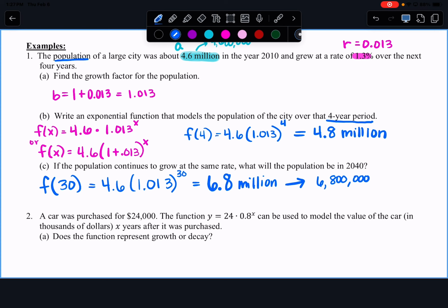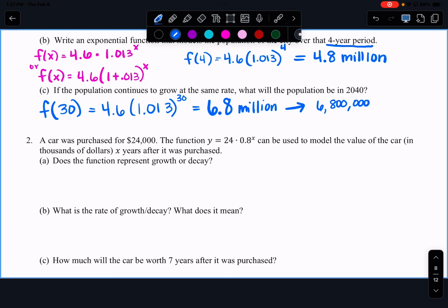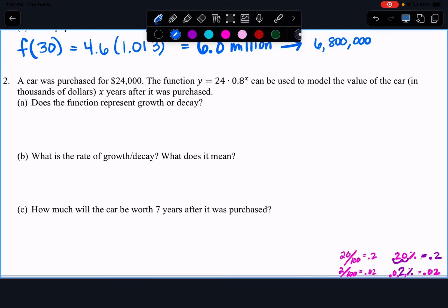Now we're going to look at a car problem. This one tells us that a car was purchased for $24,000. What is that right there? The 8?